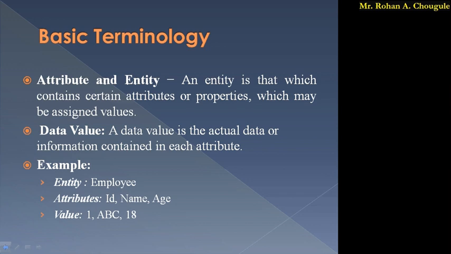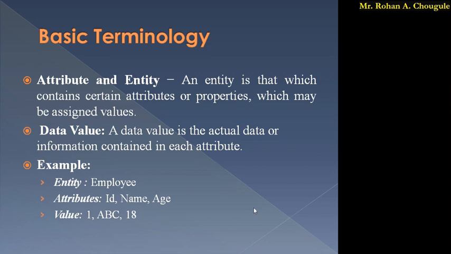We'll see a simple example. As we know, an entity contains attributes to which we assign the values. So here consider the entity as an employee. Employee is an entity, and it has some attributes.